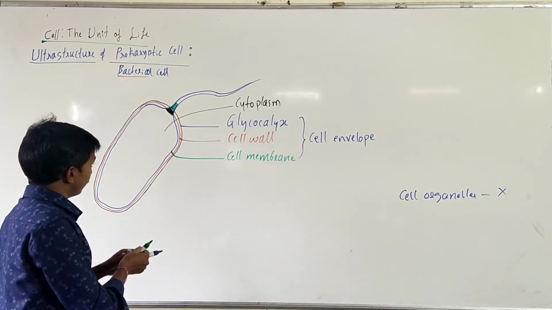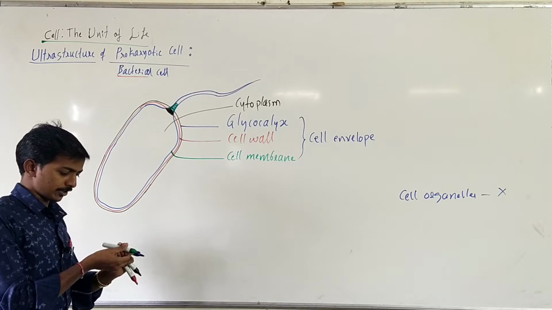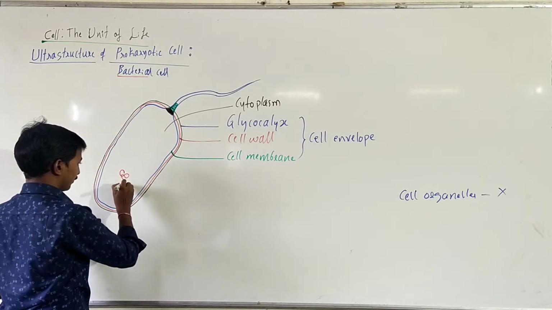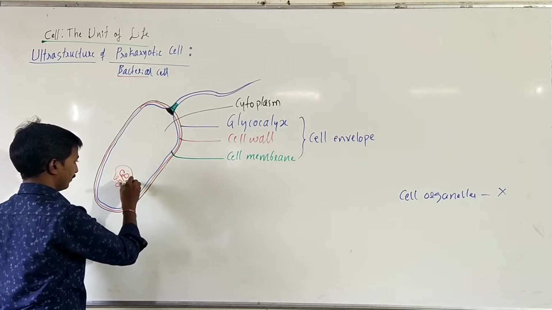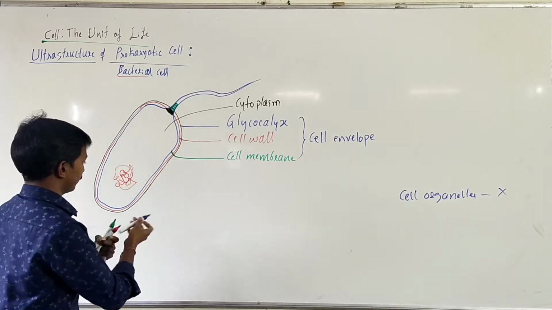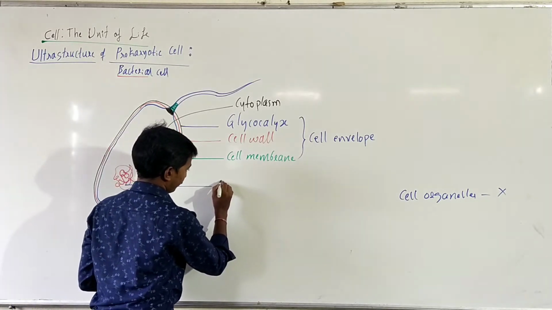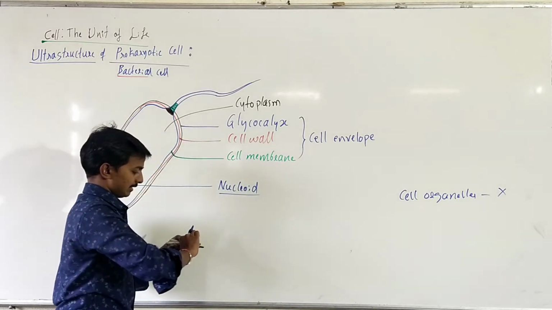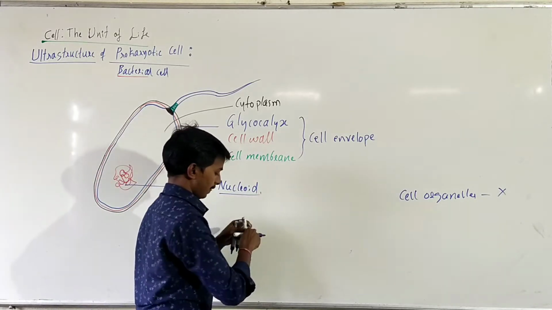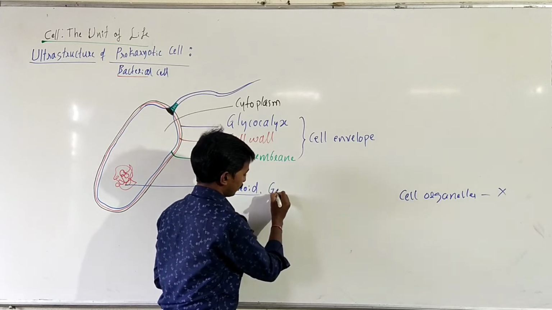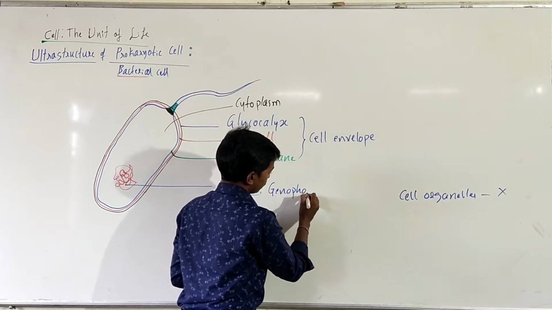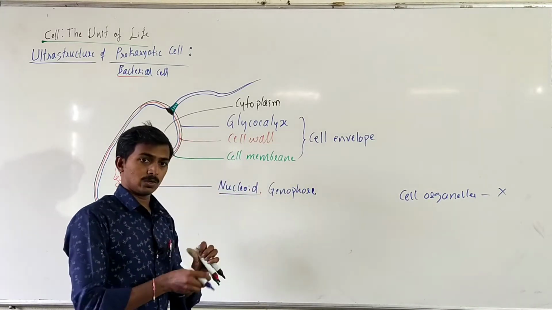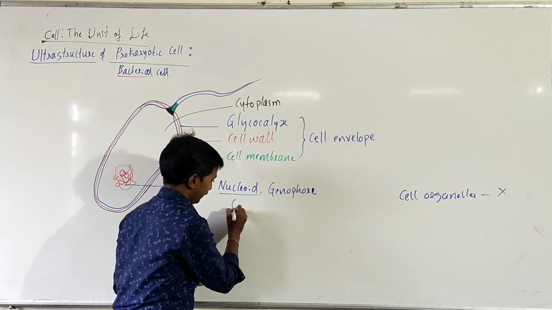Among them, the most important one is the nucleoid. It is also known as genophore, prochromosome, or chromosomal DNA.